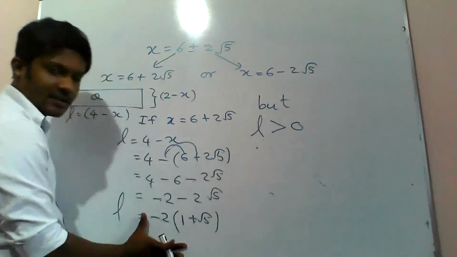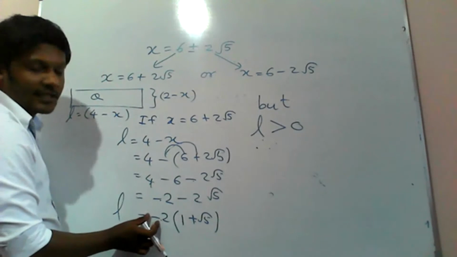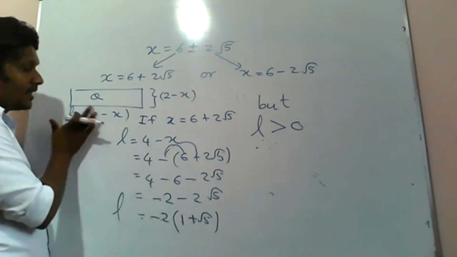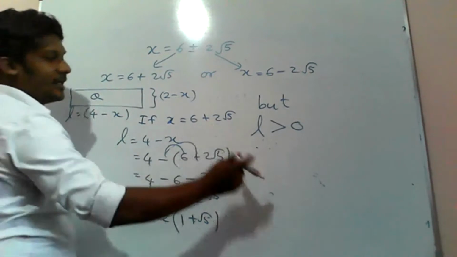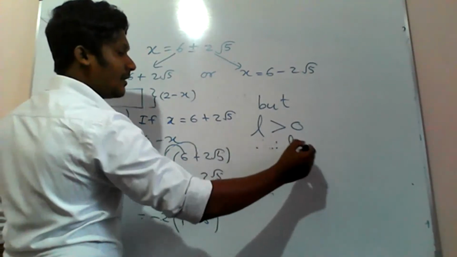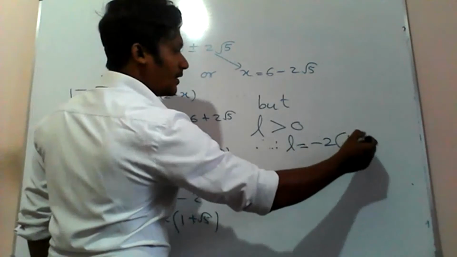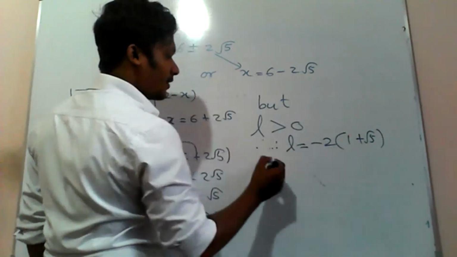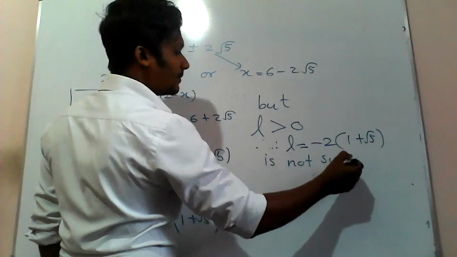Therefore, we cannot agree with the answer because this length is negative. But normally, all lengths are positive values, right? Therefore, the length equal to negative 2 times (1 plus root 5) is not suitable. It's not suitable.